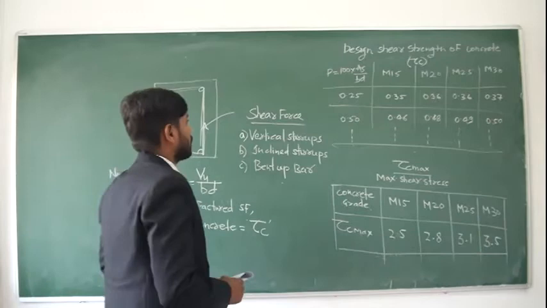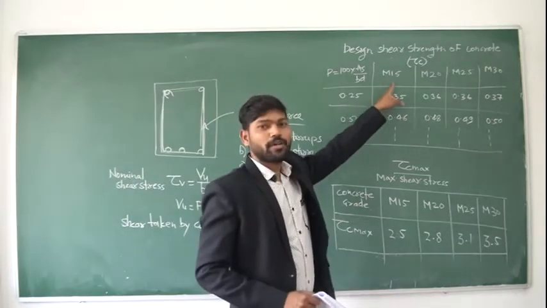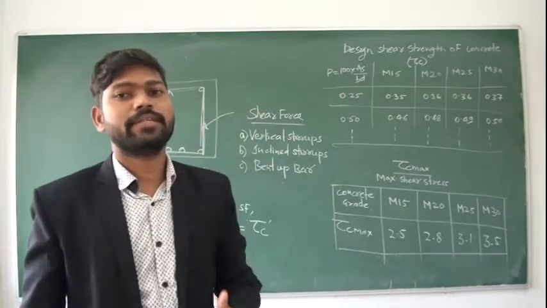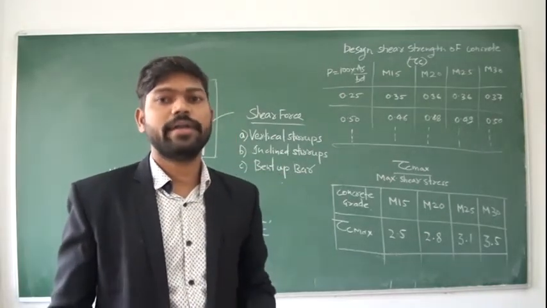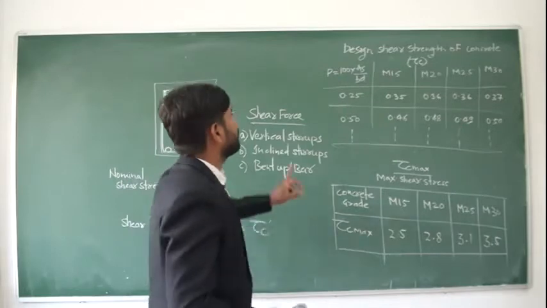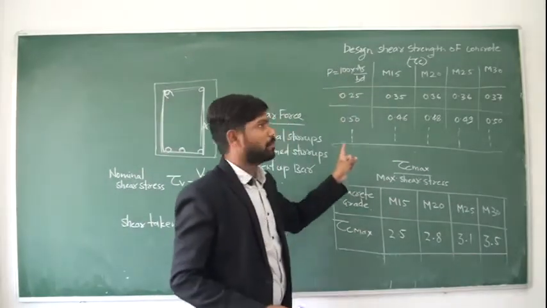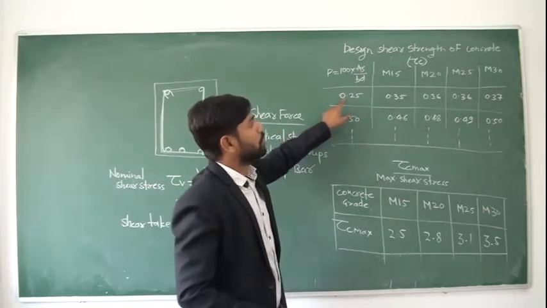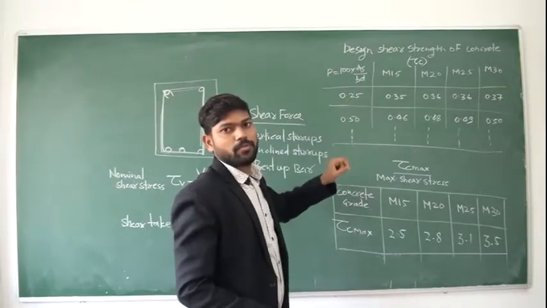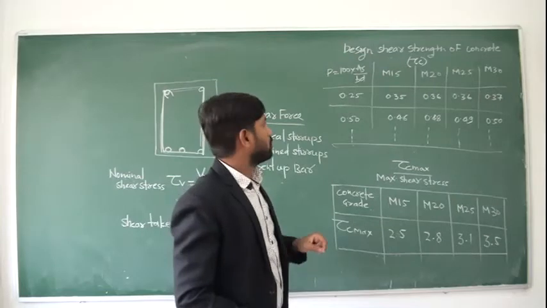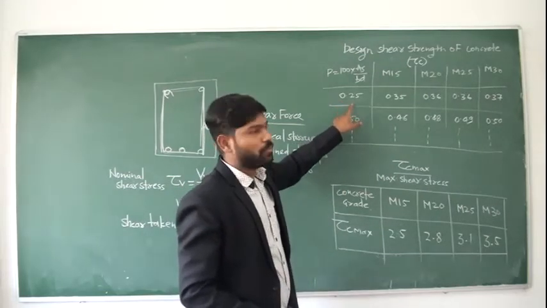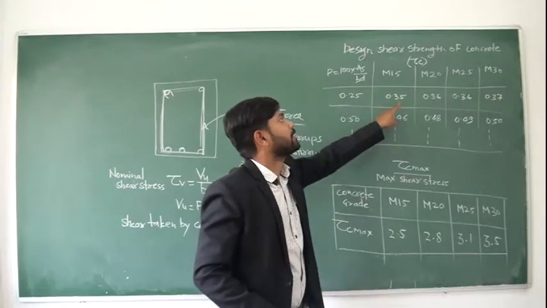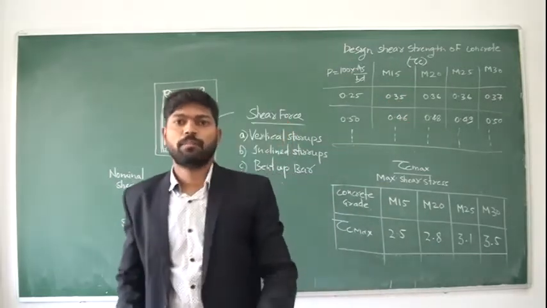Now again, it not only depends upon the grade of concrete, it also depends upon the percentage reinforcement of tensile steel provided in the beam. So it also depends upon the PT limit, 100 multiplied by AS divided by BD. Suppose your percentage reinforcement of the beam is 0.25 and the grade of concrete is 15, so your tau c value will be 0.35 Newton per mm square.